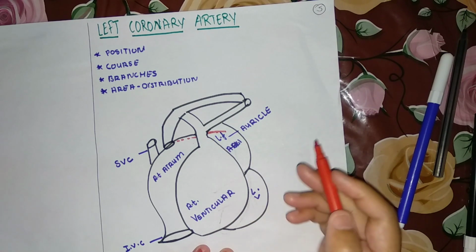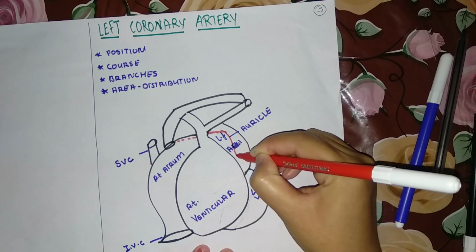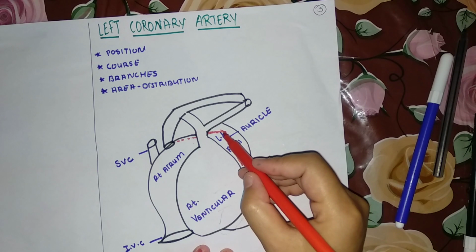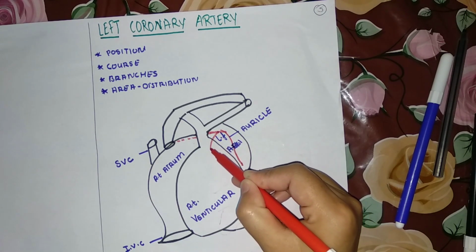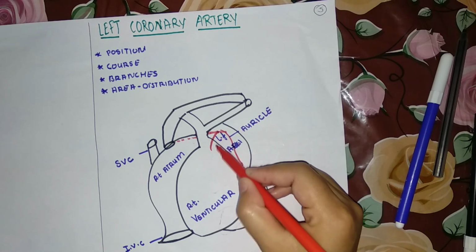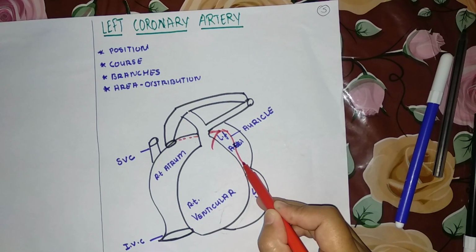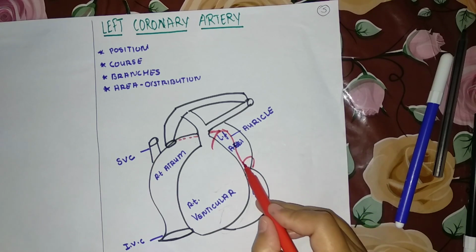It reaches to the left auricle and descends downwards. From the left auricle it gives one more branch here, which I'll name afterwards, and from the left auricle it is circumflex. Circumflex means semicircle.